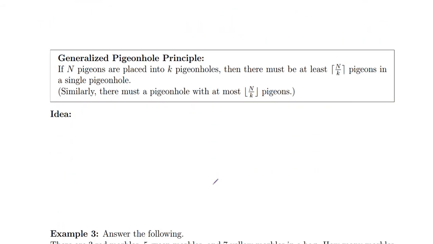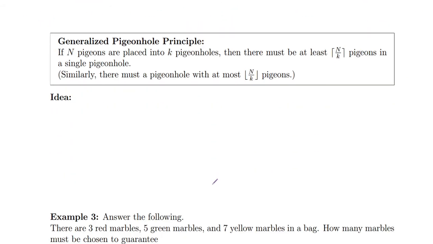Okay, so is there some generalization of this? I kind of hinted at that before with the example of how many students in the class and the birth months. Okay, so this would be the generalized pigeonhole principle. If n pigeons are placed into k pigeonholes, then there must be at least the ceiling of n divided by k pigeons in a single pigeonhole.